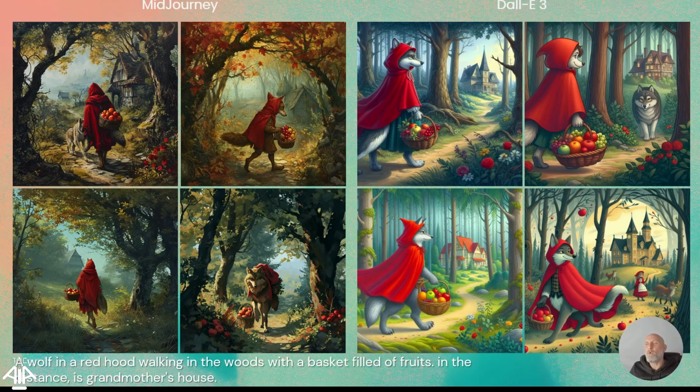Dall-E generated a more cartoonish look and feel. It fits more for a children's book or something like that. On the other hand, Midjourney generations are beautiful, much more artistic, and it pretty much nailed the image. I really love on the left bottom side on the Midjourney generations, it generated a humanoid with a wolf tail hidden under the red hood.